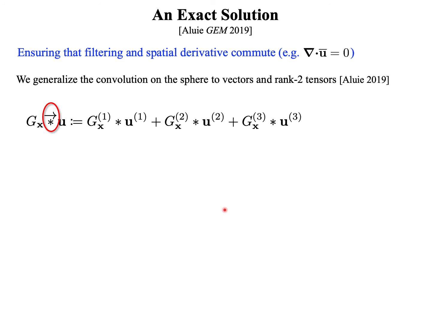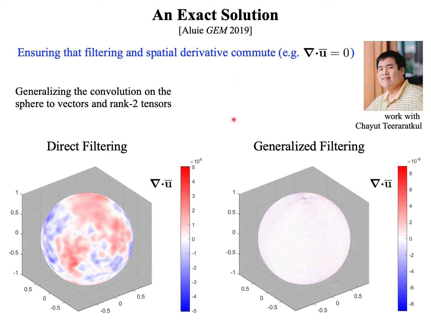And therefore, one has to generalize the definition of convolution on a sphere beyond rotation. So rotation is not enough when working with vectors and rank 2 tensors. So that's what we did in 2019. And this is a generalized convolution on the sphere. It satisfies the divergence-free property. Whereas a simple naive block averaging of adjacent grid cells, lat-long averaging, does not work.